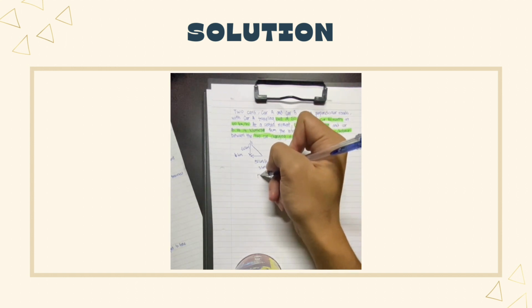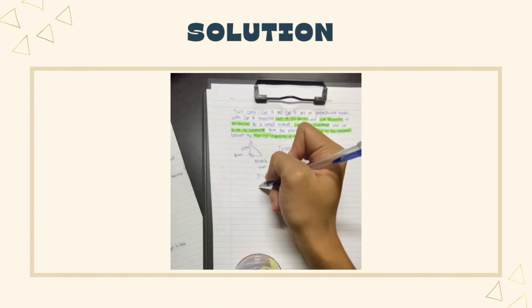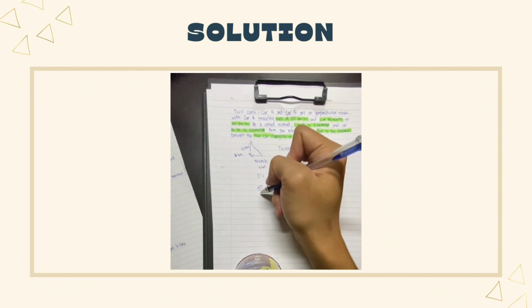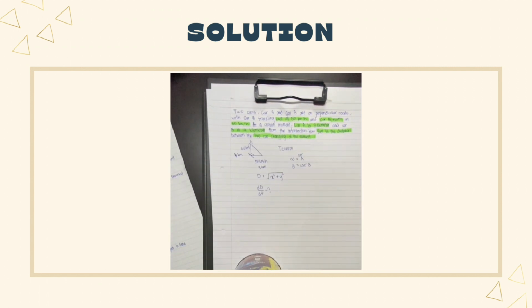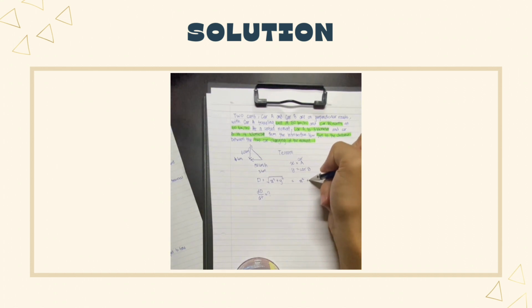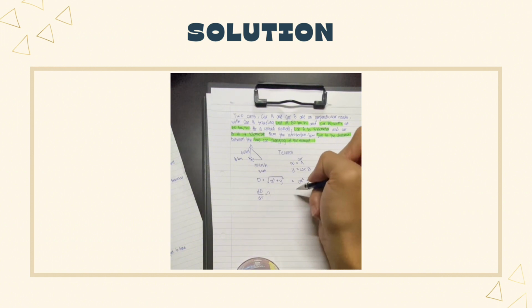We name it D. We need to find dD over dt. And what we need to do is change the square root to the power of 1 over 2. And we just differentiate as usual, like this.